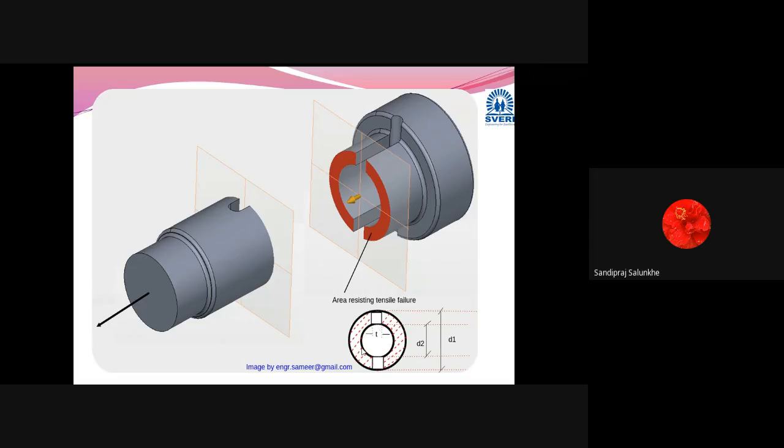We have subtracted this hollow part, that is pi by 4 D2 square. Also we have subtracted this region, which is equal to (D1 minus D2) multiplied by T. That means this remaining shaded area is sustaining the tensile force, the tensile stress.